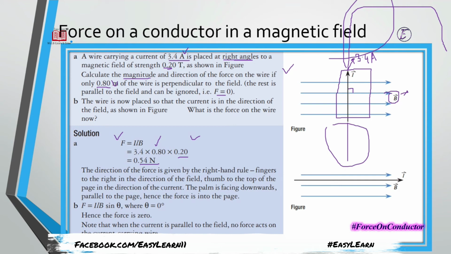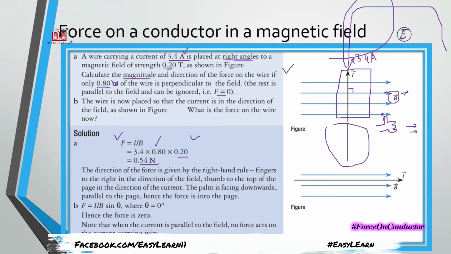I'm just trying to make a diagram here, though I'm not good at drawing with the mouse. Suppose this is your thumb, and the thumb is pointing in the direction of the current, that is upward, and these are your fingers, pointing in the direction of the magnetic field. Because this is the right hand, the palm is on the other side, towards the screen; you cannot see the palm here.